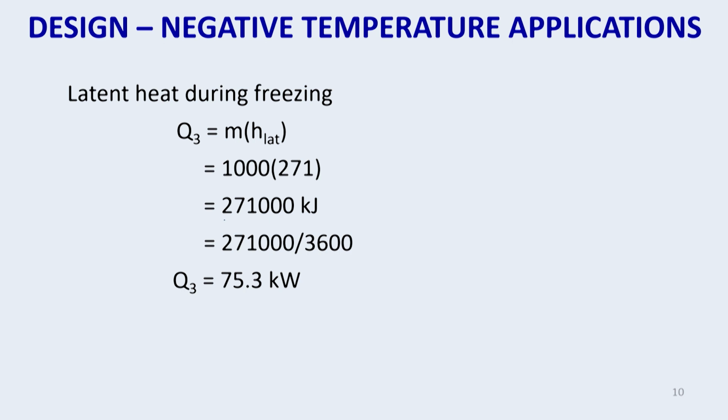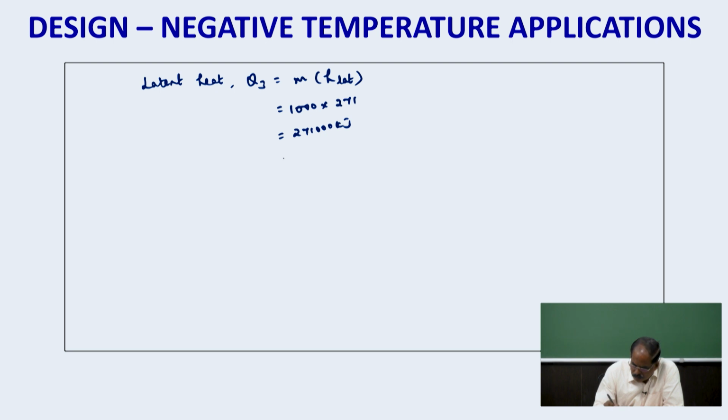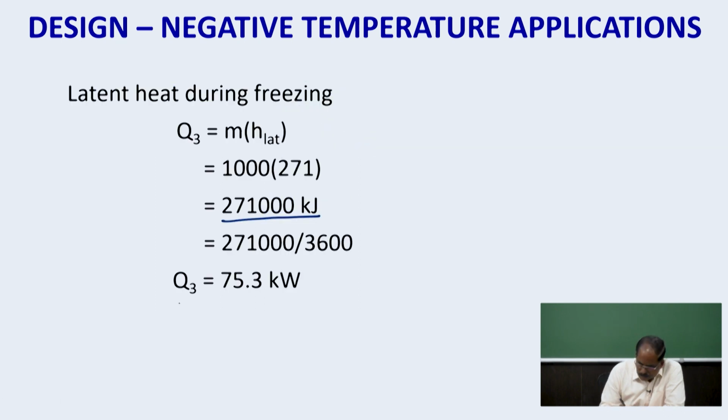When we divide this by 3600, we get kilojoules per second, which is kilowatts. So 271,000 divided by 3600 is equal to 75.3 kilowatts.